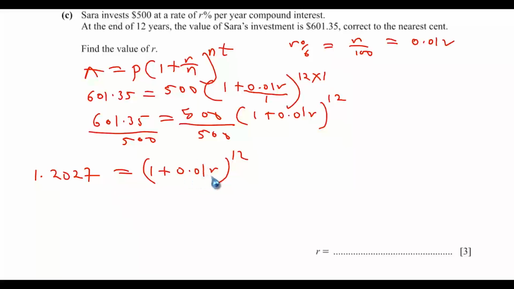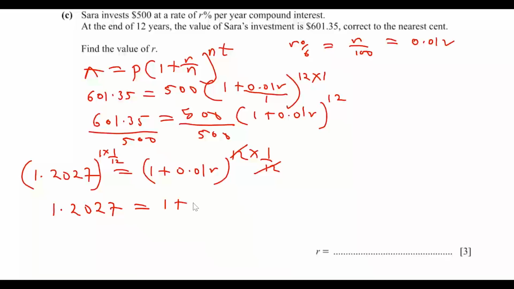Okay, so we need to get the value of R. Note this is raised to the power of 1 by default. Let's multiply the powers by 1 over 12. So this will cancel this, and we'll be left with 1.2027 to the power of 1 over 12 equals 1 plus 0.01R, raised to the power of 1.